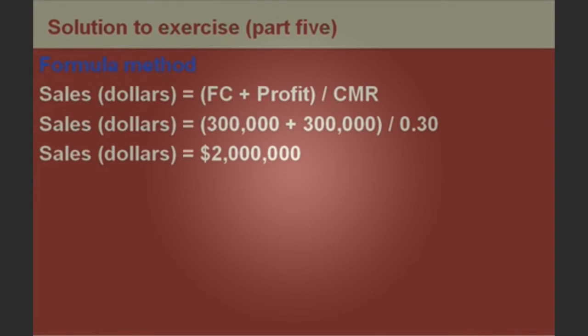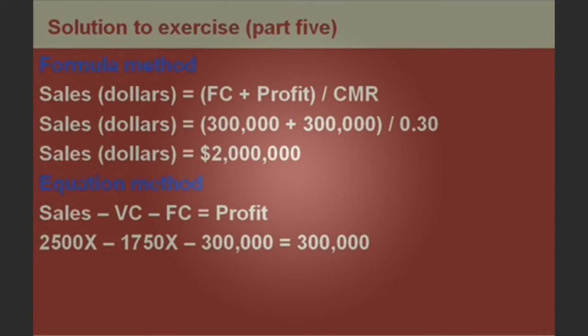If you use the equation method, you get the same answer, except it's just a little bit longer. Here's the equation method. Go back to basics. Sales less variable cost less fixed cost equals profit.